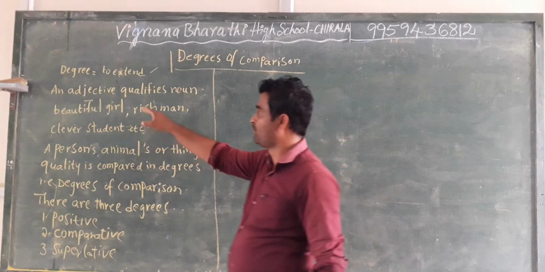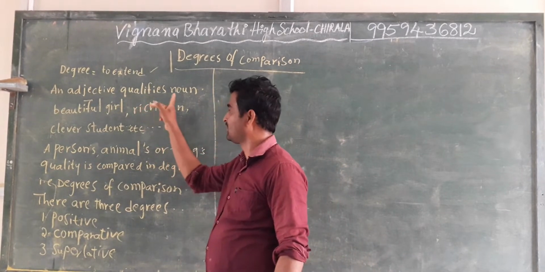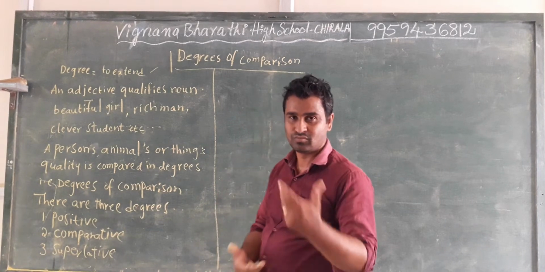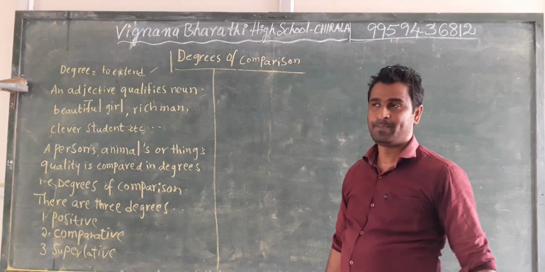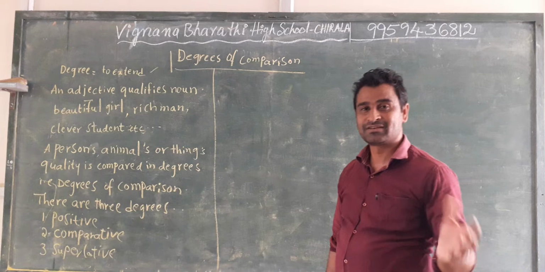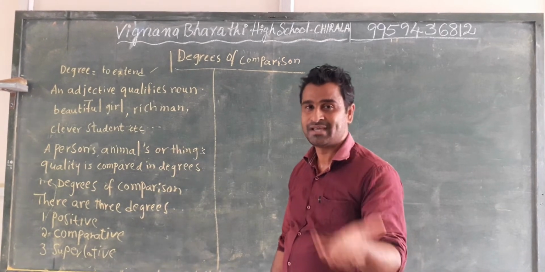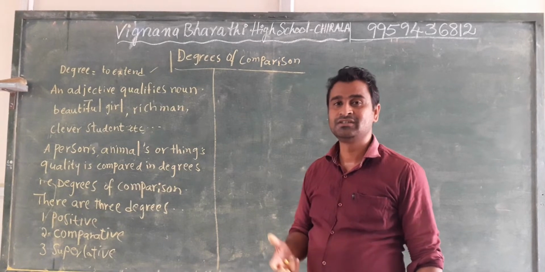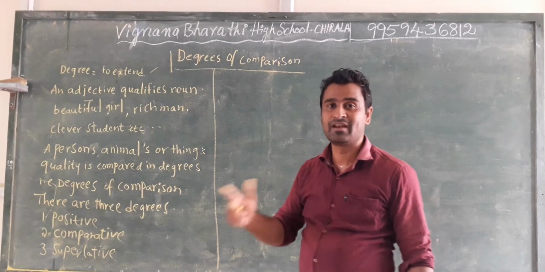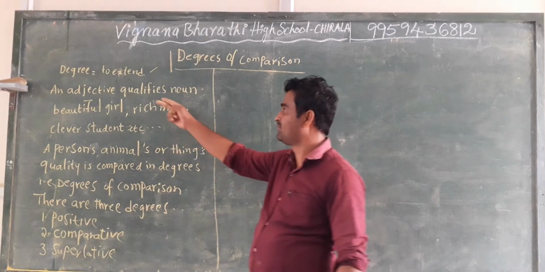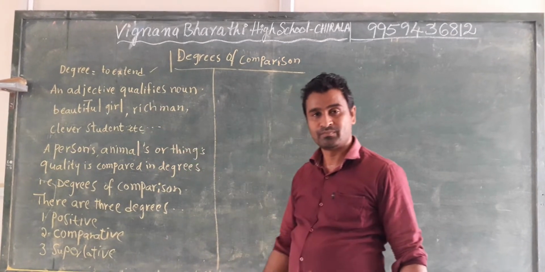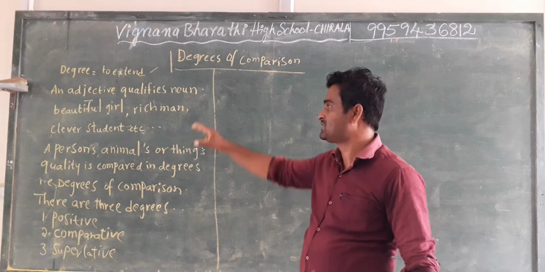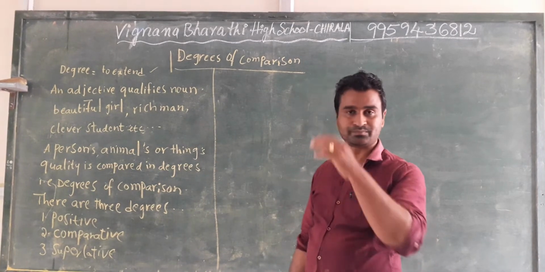An adjective qualifies a noun. In a simple definition, we can also say an adjective is a word that describes a noun, a word that adds something to the meaning of a noun, a word that qualifies a noun. In this way, we have different definitions for an adjective.